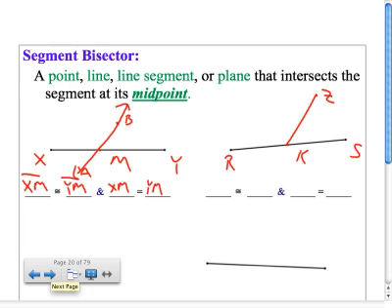So again, if it's a segment bisector, RK and SK have to be congruent. That means segment RK and segment SK are congruent, which means that they have the same measure. The other two, we're not going to look at. I had those there just in case. And again, a segment bisector could be a point, a line, a segment, a plane, or even a ray.